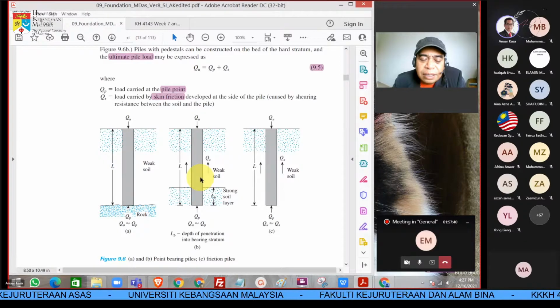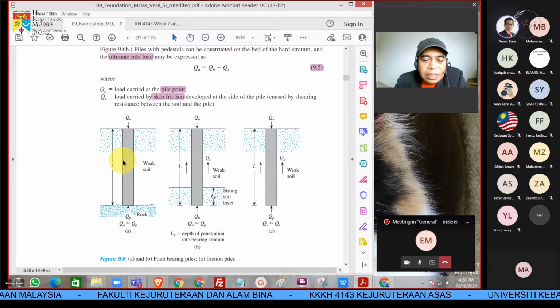But for case B, we also need to have a strong soil layer. Instead of rock, we depend on the strong soil layer to cater for the load. So in this case, QU, the ultimate load, equals QS, skin friction, plus QP, load at the point. So this case is QU equals QP plus QS. This one is QU equals QP.